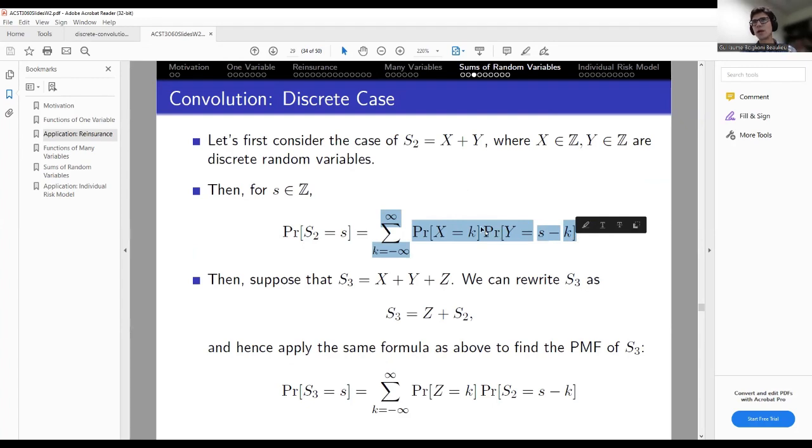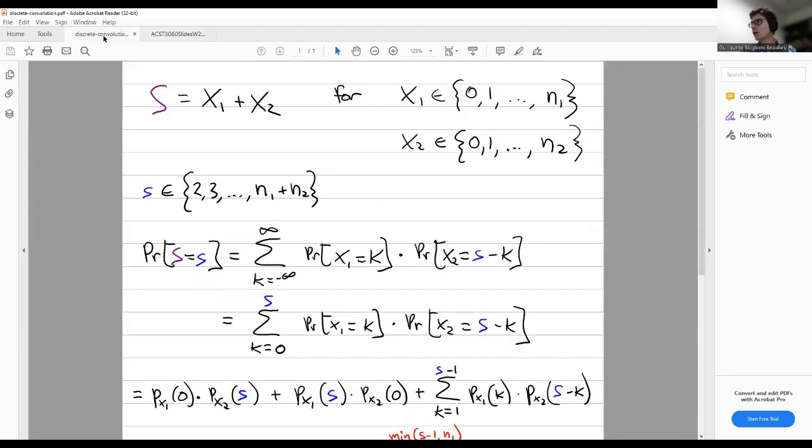Now, of course, I don't need the infinite sum because the domains or the supports of the variables are constrained. So I'm just going to first present the theoretical formula specific to our situation here, and then implement it in R. Okay, so this is what I've done here. In our notation, S is the sum of X1 plus X2.